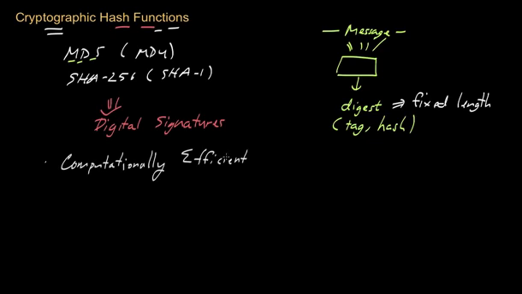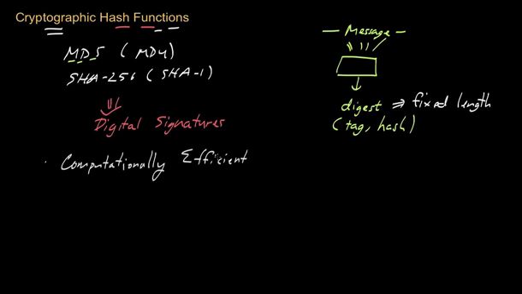If you're given a message and you want to apply this set of transformations to get a digest, that should not take a long time to implement on a computer. It should be very fast, or relatively fast. It is important to stress this, because I've seen people come up with grossly inefficient hash functions sometimes, and those would not be considered suitable for cryptographic applications.